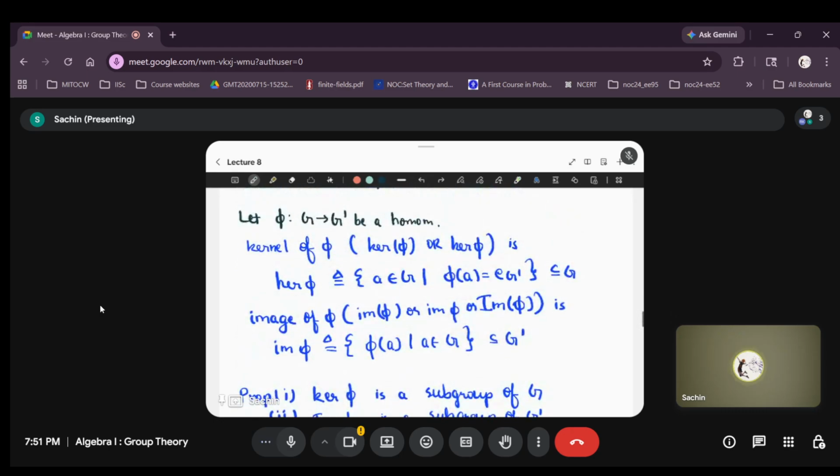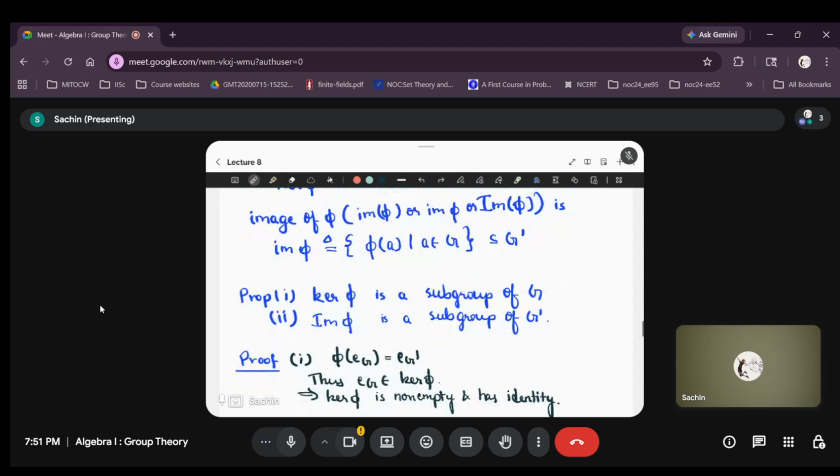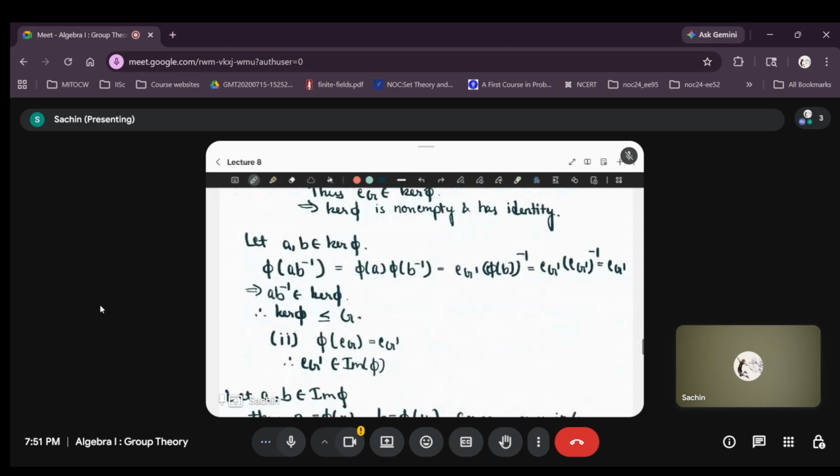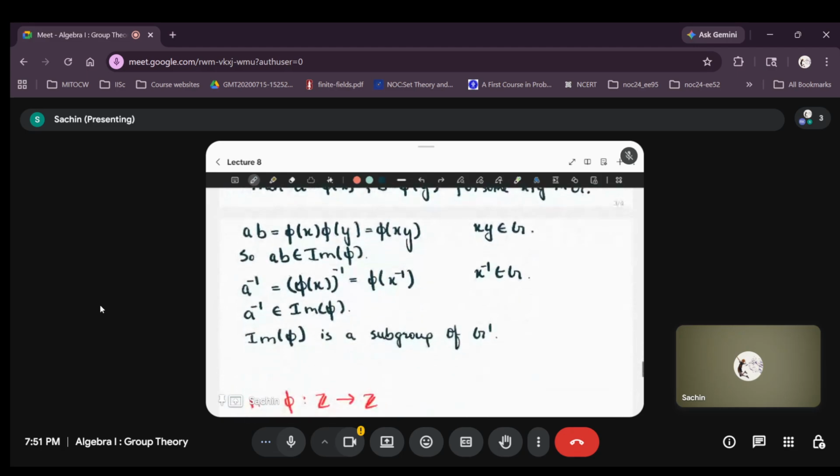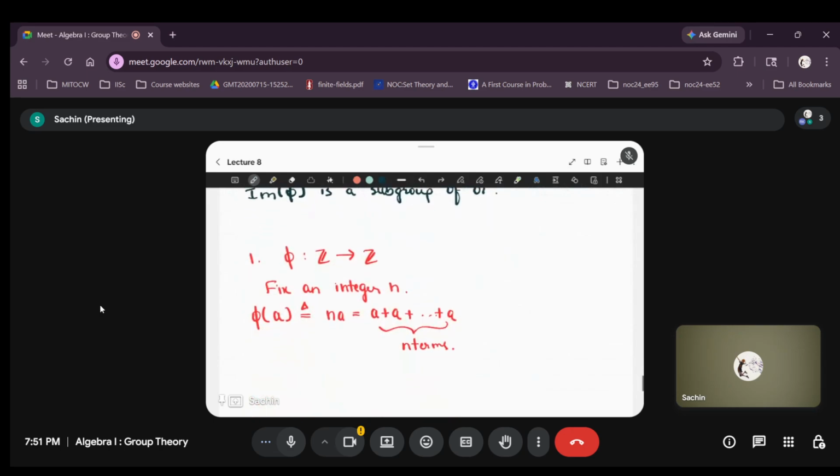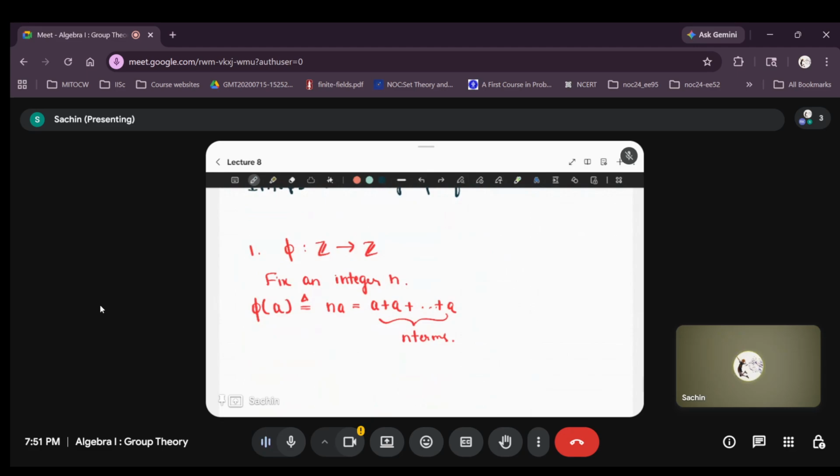But since the kernel is a subgroup, suppose you have a group and a subgroup of that group, then you can define a homomorphism in such a way that that subgroup, whatever subgroup you pick, is the kernel of that homomorphism. We'll see that in later classes.